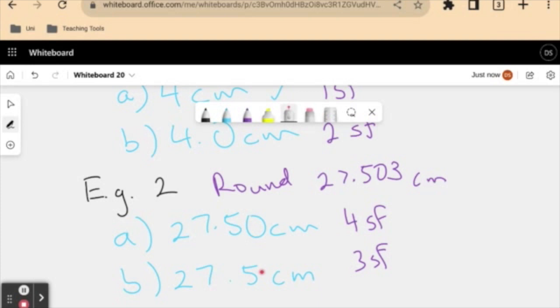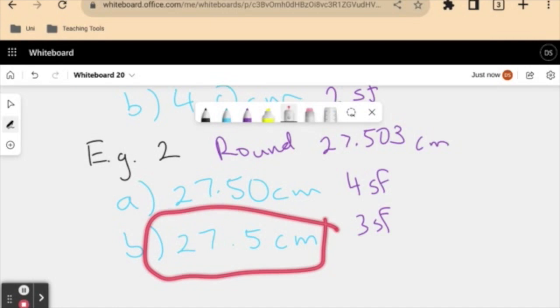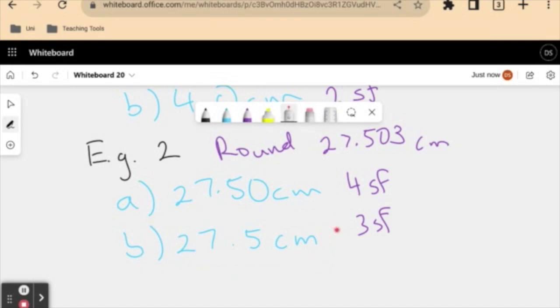And I know I sound like a broken record repeating this, but that is why significant figures are significant, pardon the pun, because they tell us about the degree of accuracy we have chosen. So yes, these are the same number, but it's written differently depending on how many significant figures we set the rounding to. And we'll go one more example.